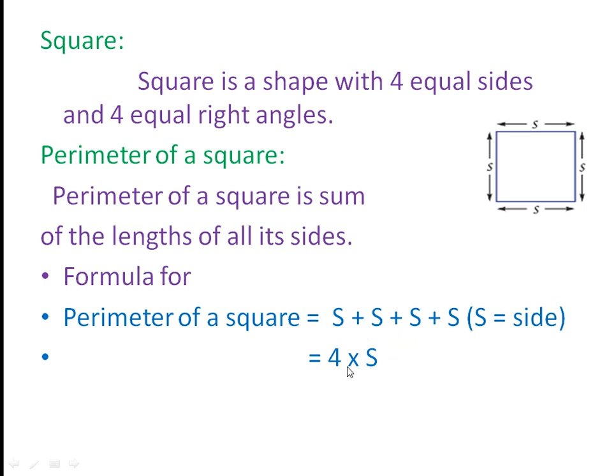We write the 4 and the multiplication symbol, and this is the S for the side. That's why our formula for the perimeter of a square is 4 into S, means 4 multiplied by S. This is the formula for the perimeter of the square.